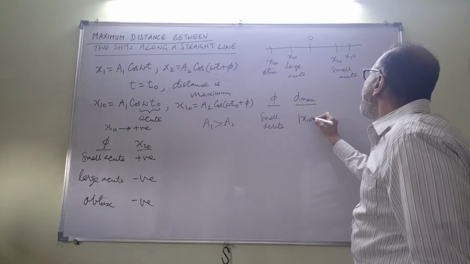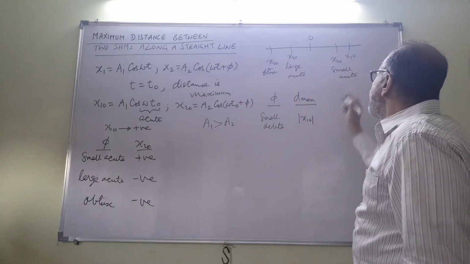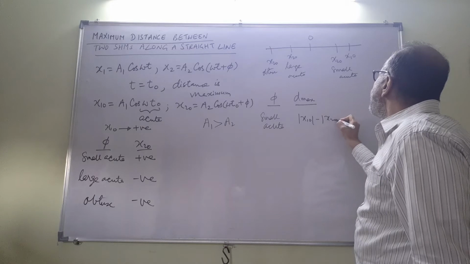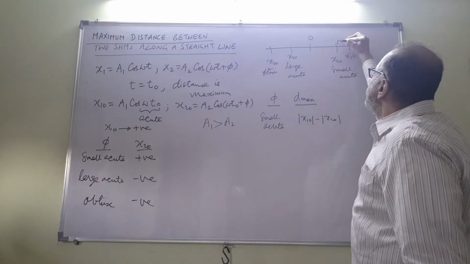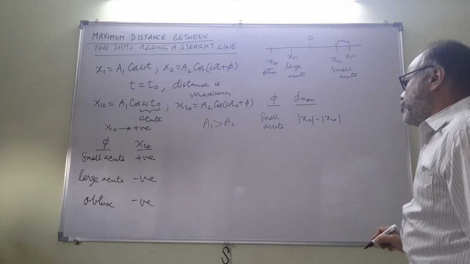Mod of x1 naught, we are saying the positive value of x1 naught minus the positive value of x2 naught. This would be the maximum distance when it is small acute.